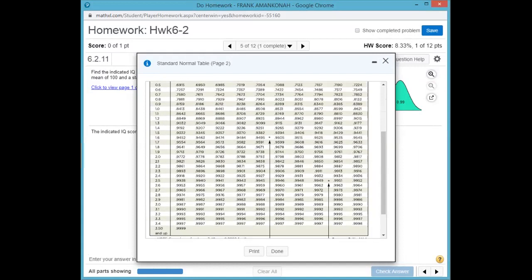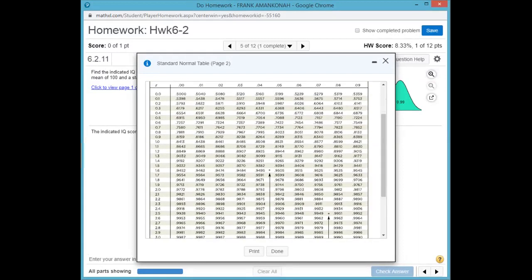I'm looking for 0.90. Well, 0.90 is closer here. We have 0.8997 and then 0.9015. You see that 0.8997 is closest. So this value is actually 1.28.